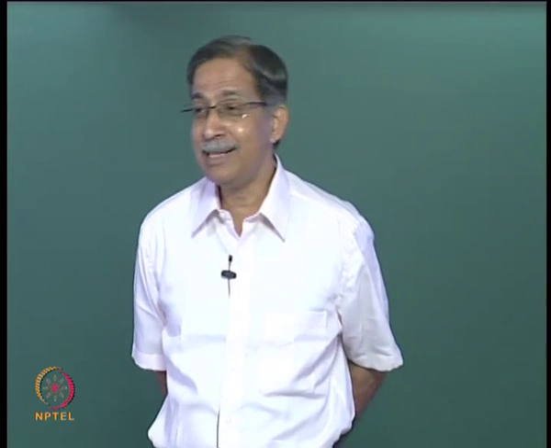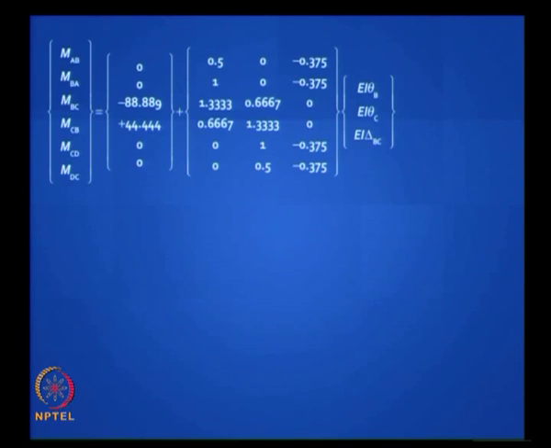Write down the, so you need 3 equations, 2 of them are very easy. So corresponding to, okay, I can summarize and write it nicely in this matrix form. So you look carefully here, these are my 6 moments, right, 3 pairs, 3 elements. These are my fixed end moments, only the beam has fixed end moments, the columns do not have fixed end moments.